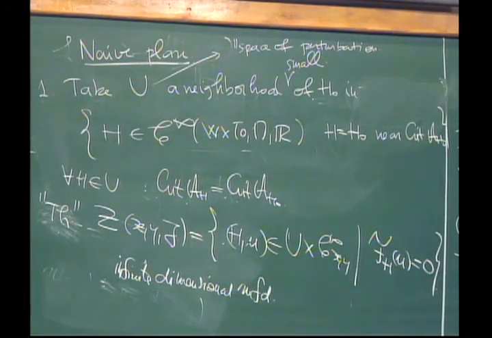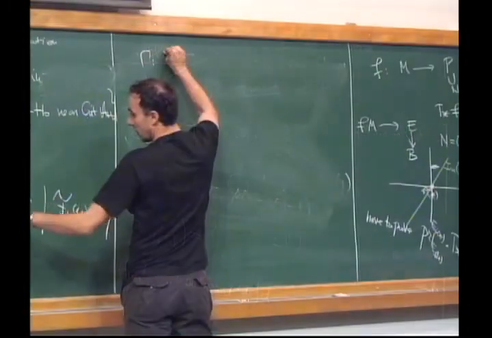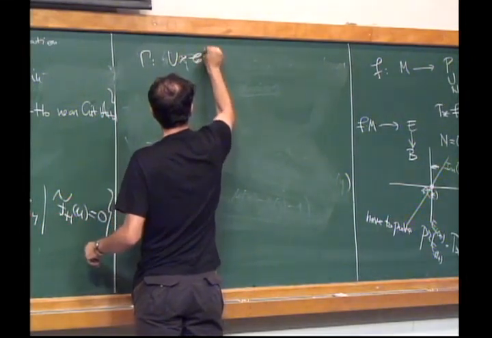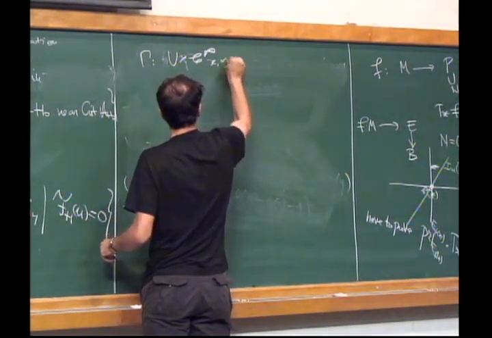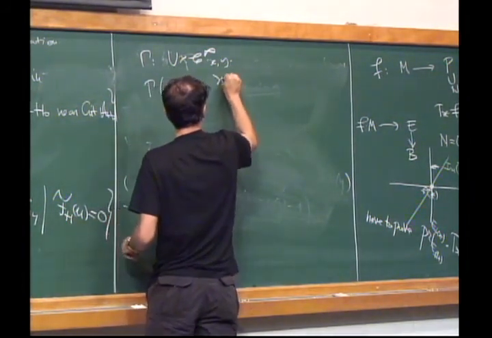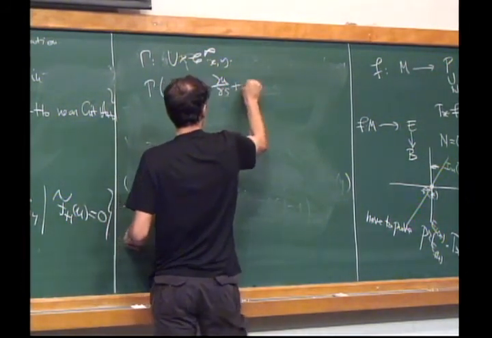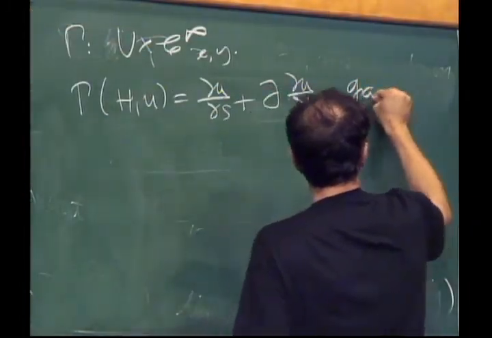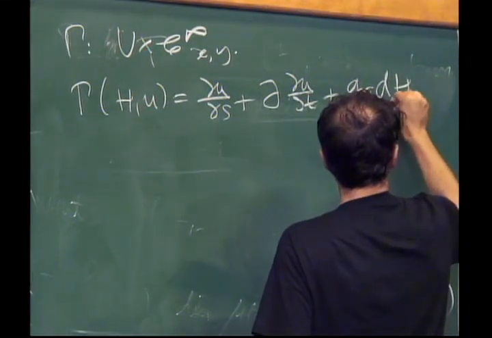So actually one can see this as the following thing. You have to define gamma on U times C infinity xy, gamma of (H, u) is du/ds plus J du/dt plus gradient H of u.